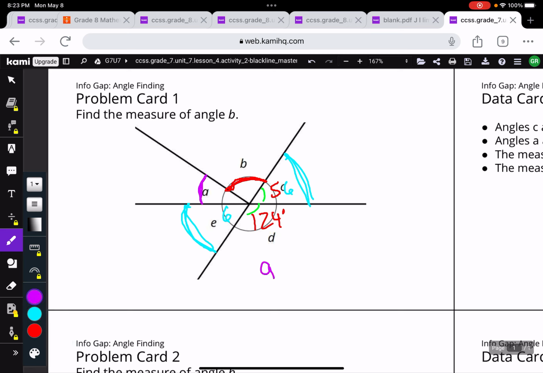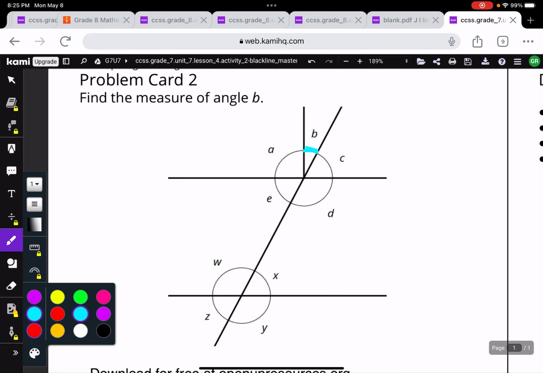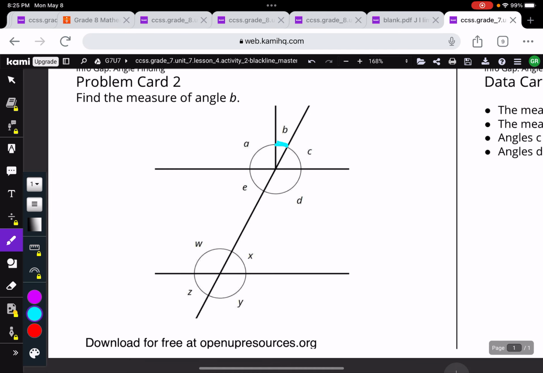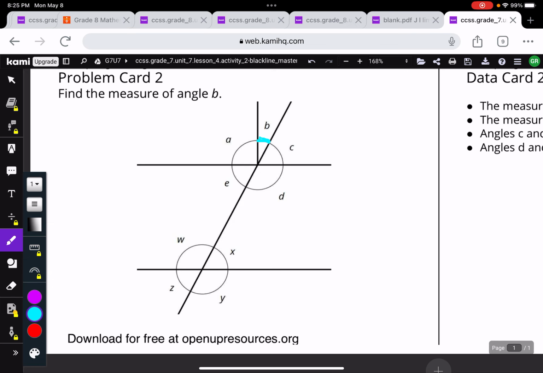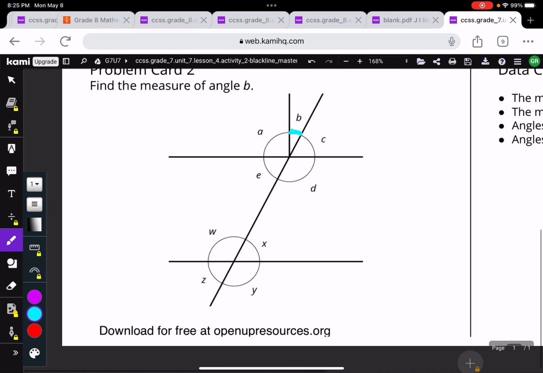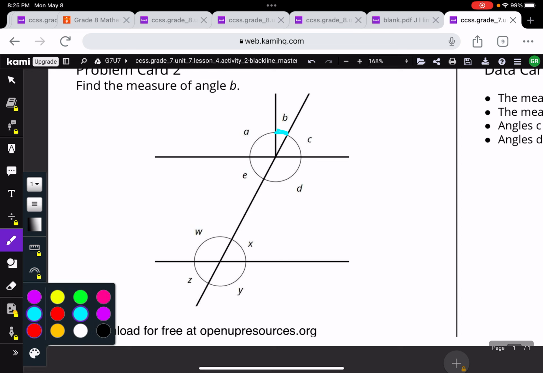We're going to learn about transversals in a little bit, and parallel lines and all that. But for right now, if we're asking our partner, hey, do you know what angle A is? They'll say A is 90. Great, let's write it in. So A is 90. That's fair enough.